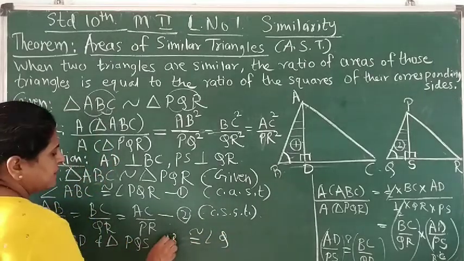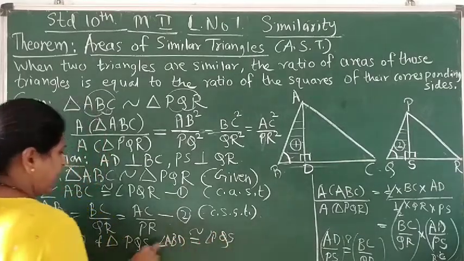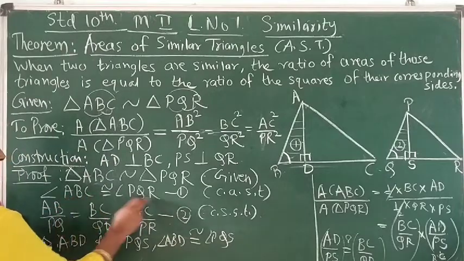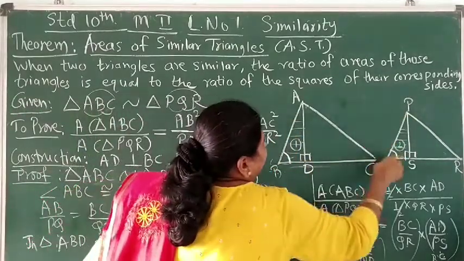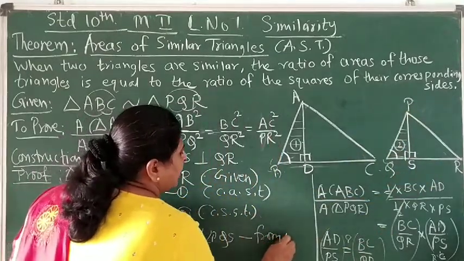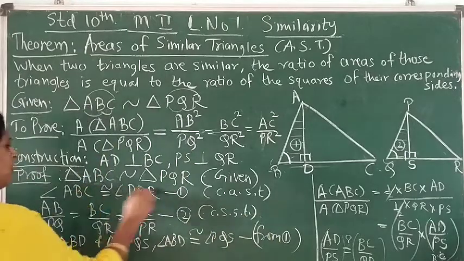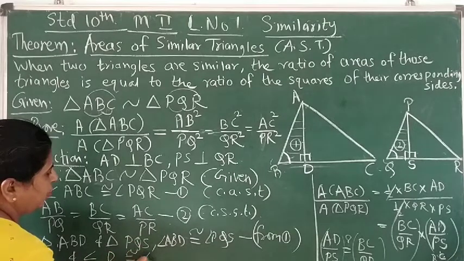A and D remain here, and for Q, P and S. So these two angles are nothing but the same angle ABC and PQR. ABD is equal to ABC and PQS is equal to PQR. So this we can say from 1, where we have shown these two angles congruent. Okay, and angle, which one? D is congruent to angle S, which are both 90.